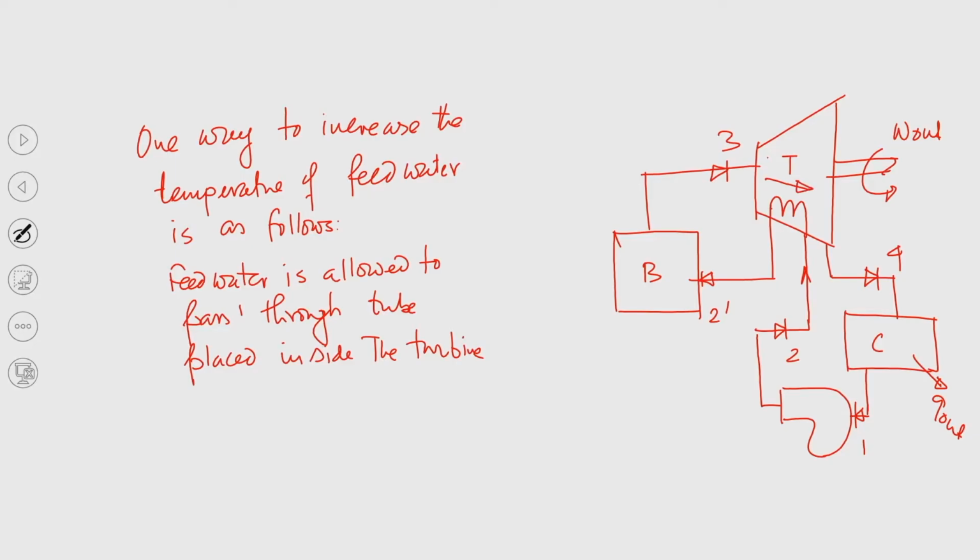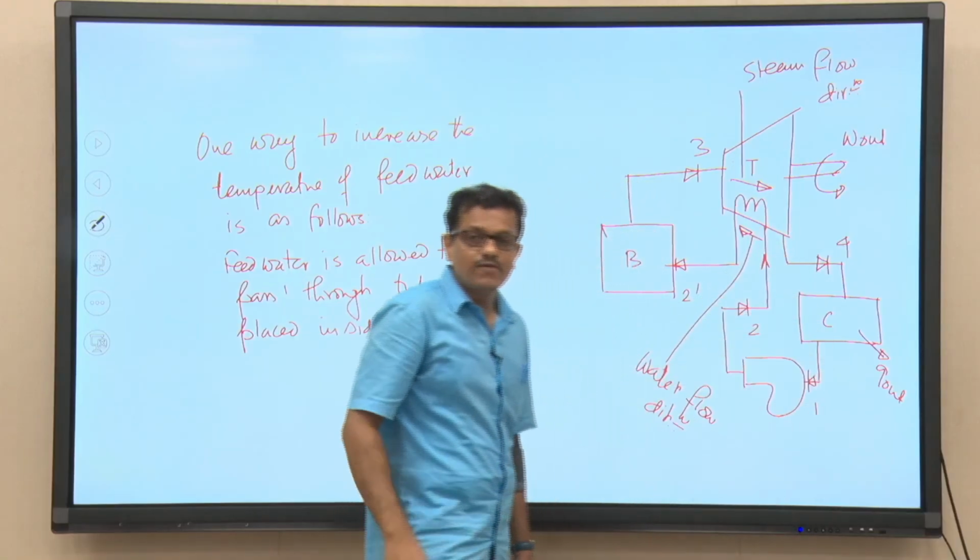So, this is the steam flow direction and this is the water flow direction, right. So the turbine is acting as a work producing device, and it is also acting as a counter flow heat exchanger.